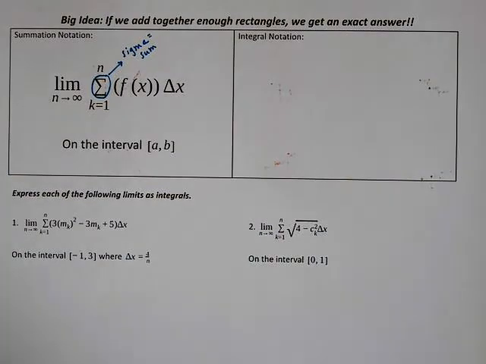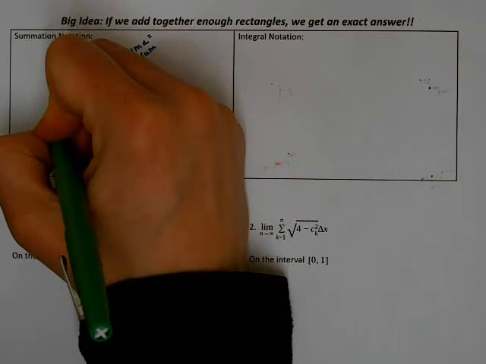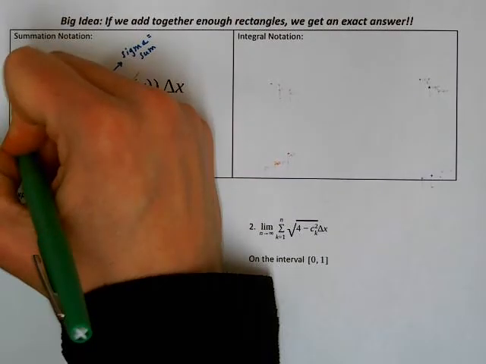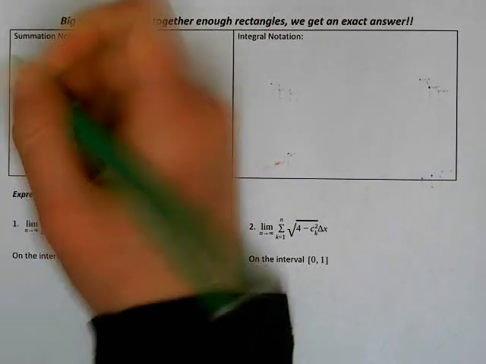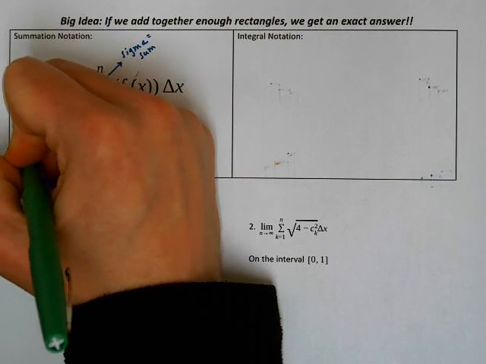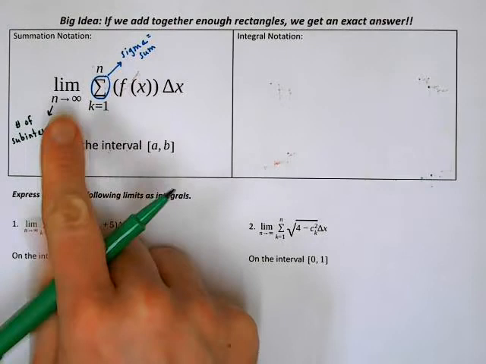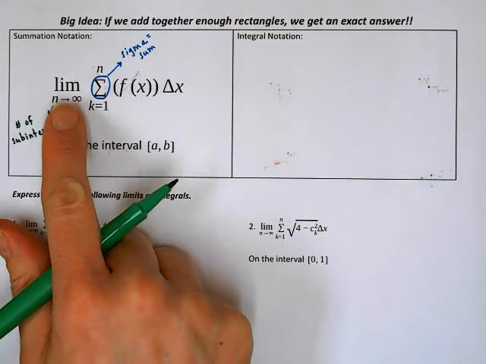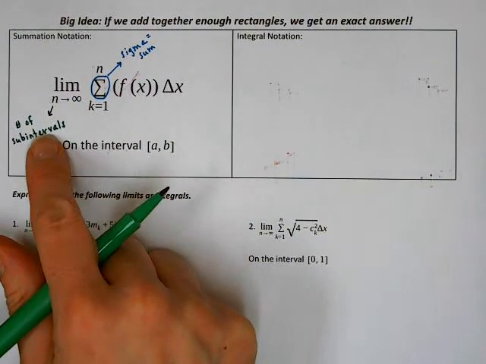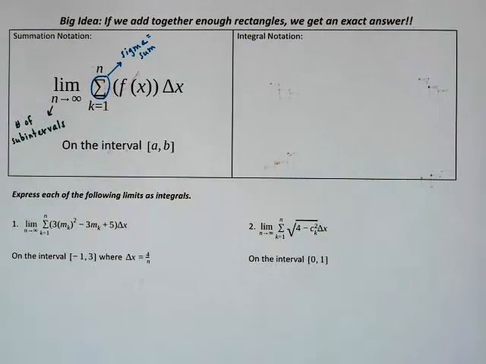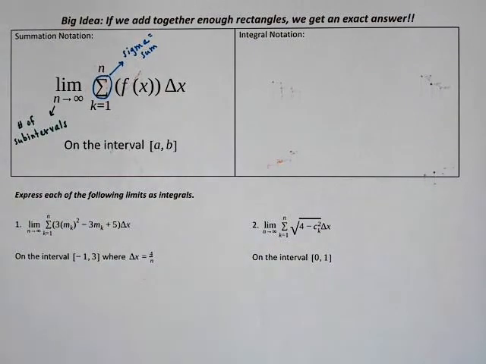Now, in our case, n is the number of subintervals. So it tells us basically how many rectangles we're using. So the idea is that I'm taking n approaches infinity. I'm getting infinitely many rectangles, and then I'm adding up all of their areas.